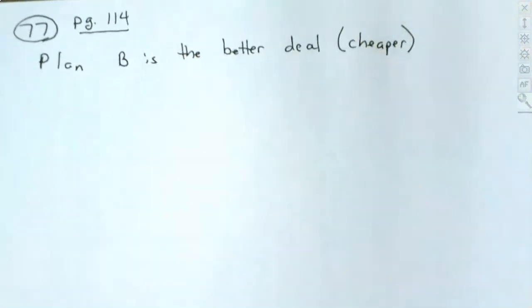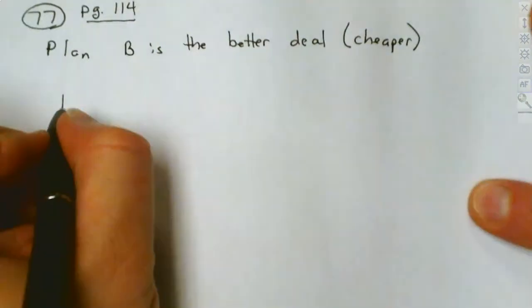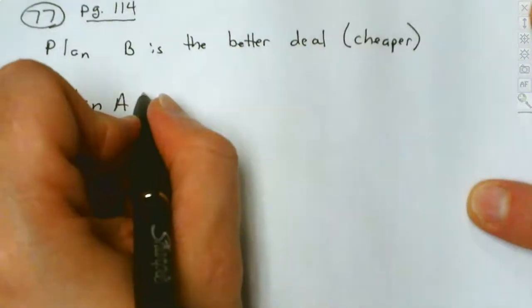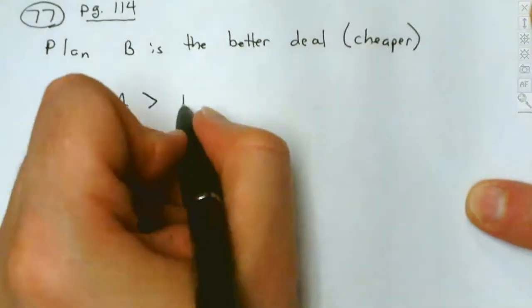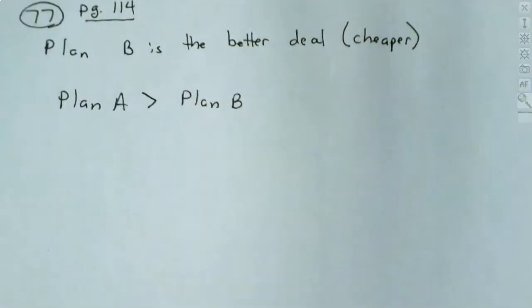So that means plan A is going to cost more than plan B. Because remember, how inequalities work is they always point towards the smaller number. So it's going to point towards plan B, open towards plan A.